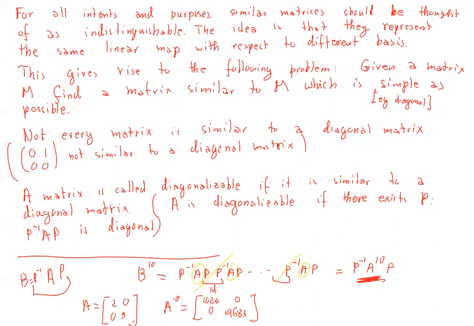Okay, so you may think that the question that we're trying to answer here is, given a matrix, what is the simplest matrix similar to it that we can possibly find? So think of it as one of the fundamental questions here.